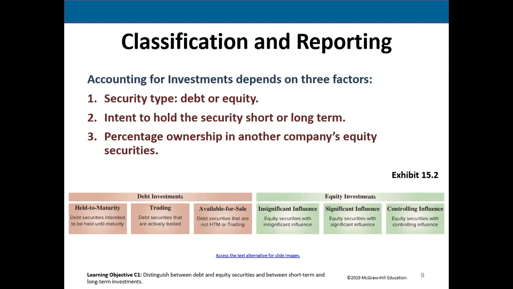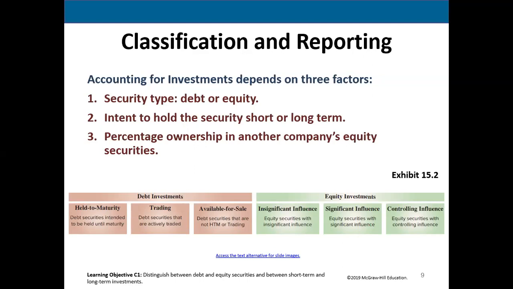You're either going to sell it really quick, trading, or you're going to hold it till the end, held to maturity. For all investments in between those 2 extremes, we have this other category called available for sale. And these are debt securities that are not going to be held till they mature or sold very quickly. Okay?